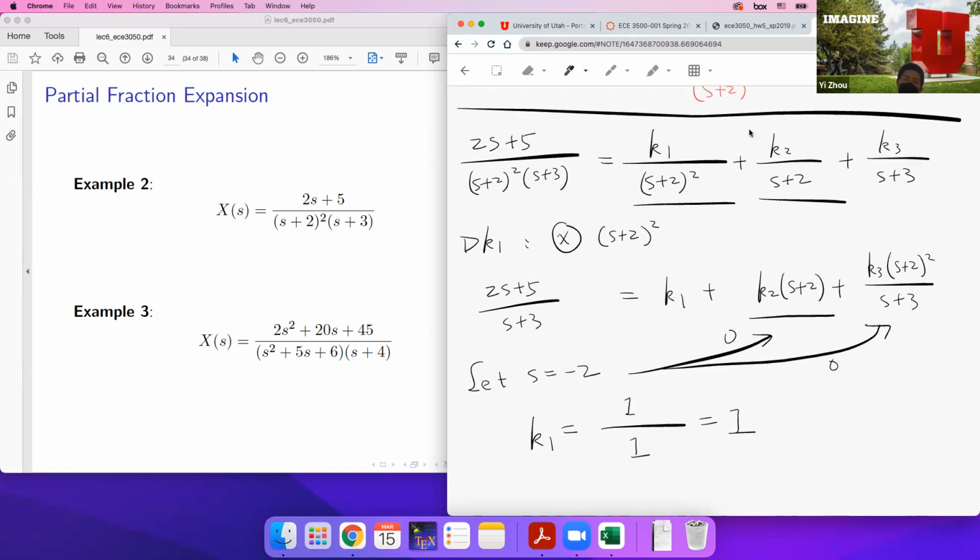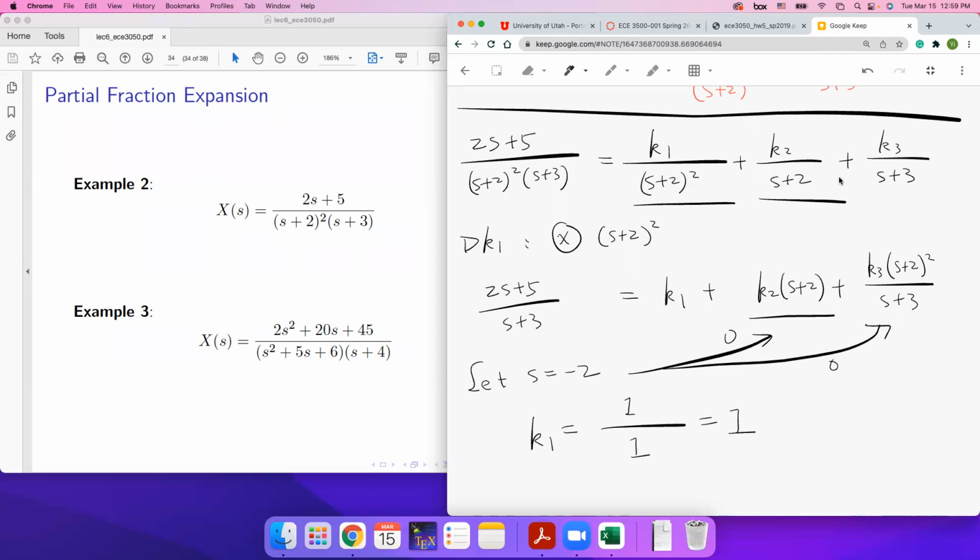For k2, you do the same thing. You multiply this equation by s+2 only. Let me see, here is a little bit different. If you multiply by s+2, then this part cannot go away. I think the first fraction, does it have a square, the k1?